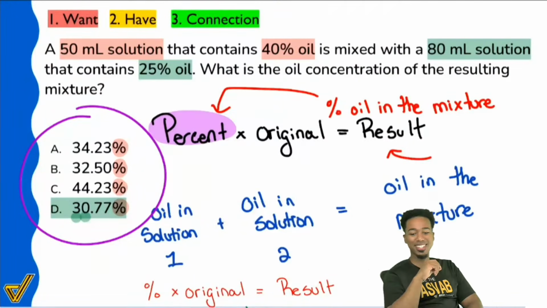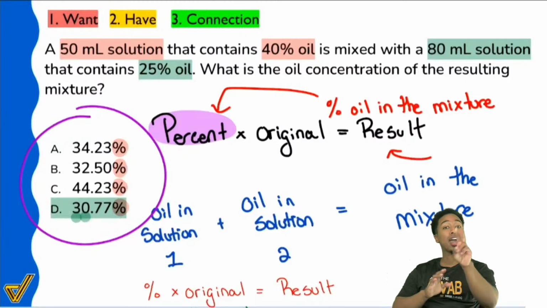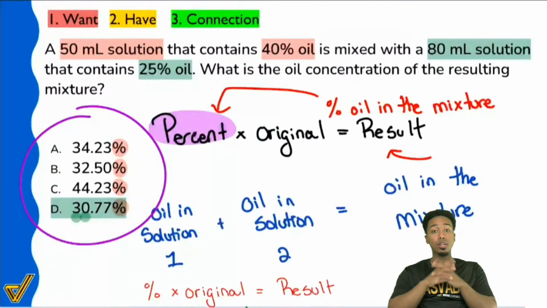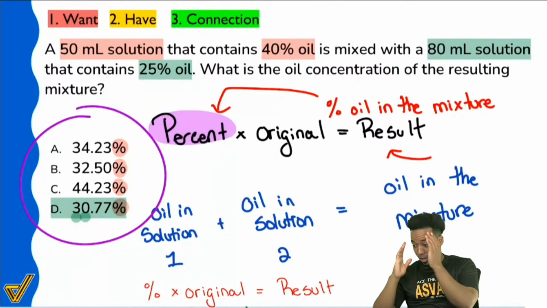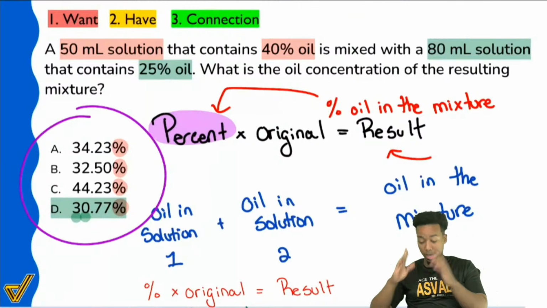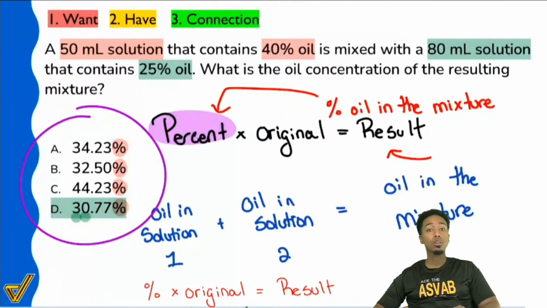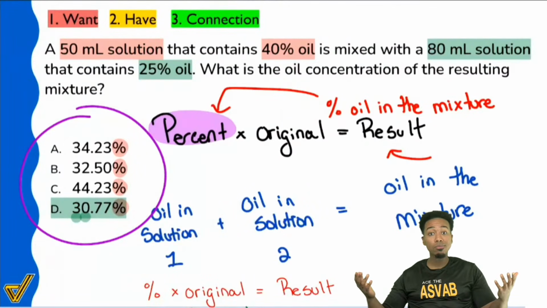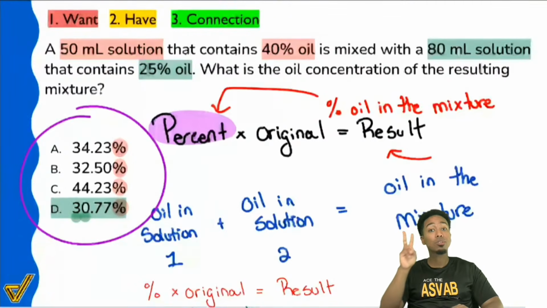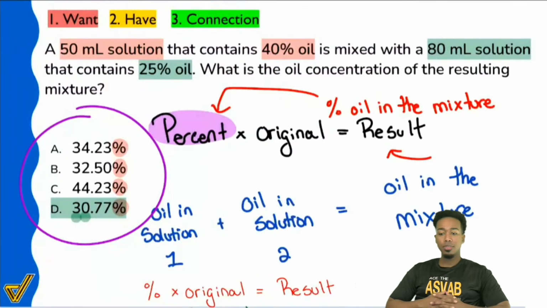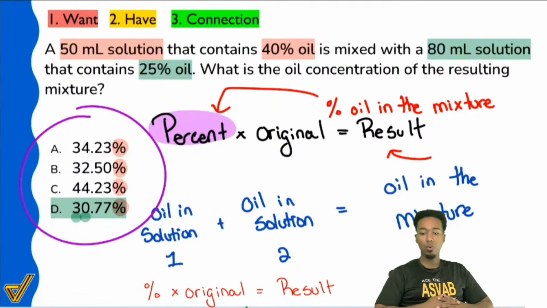Okay, and here was fact number 2. Fact number 2 was, hey, if I have this much oil in solution 1 and this much oil in solution 2, to get how much oil they have together, I just got to add them. That was fact number 2, yes or no?